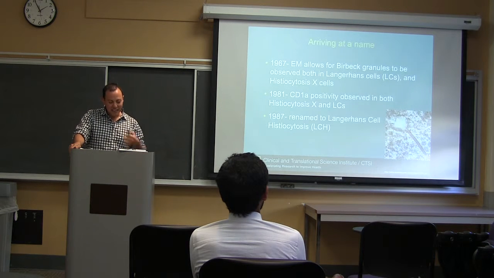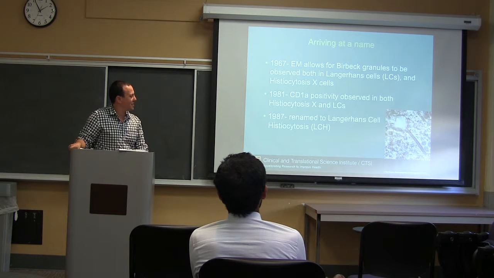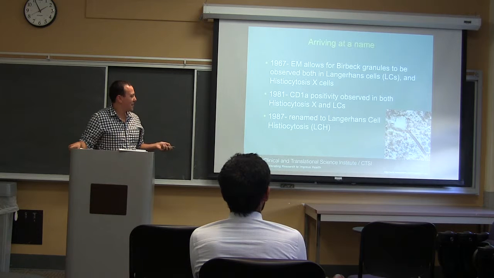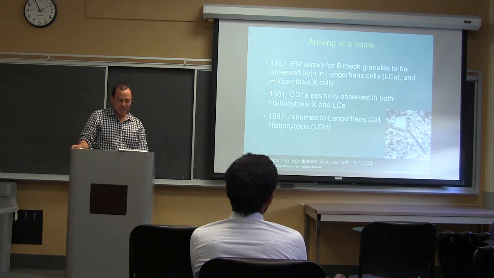So then, flash forward a couple decades more, and now we have electron microscopy. Electron microscopy is interesting because when they first started looking at these LCH cells, they noticed Birbeck granules, which you also see in Langerhans cells.